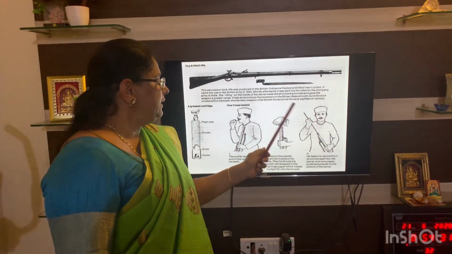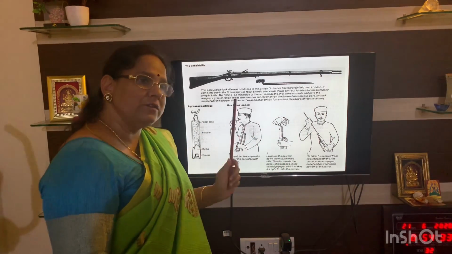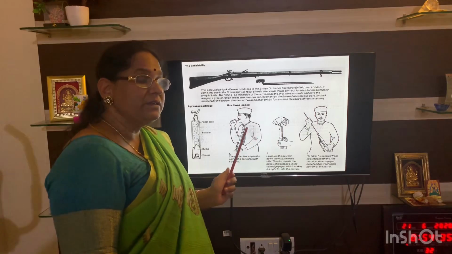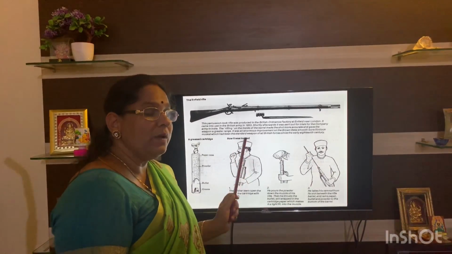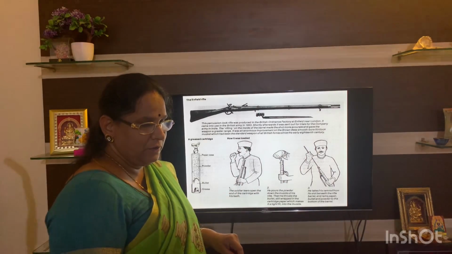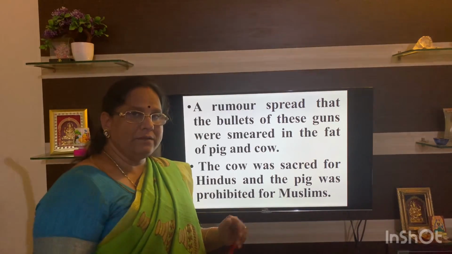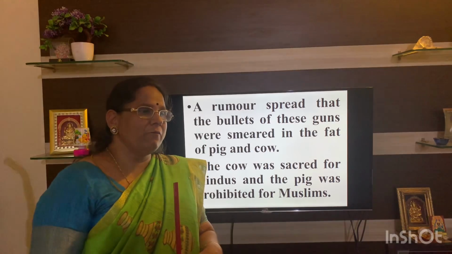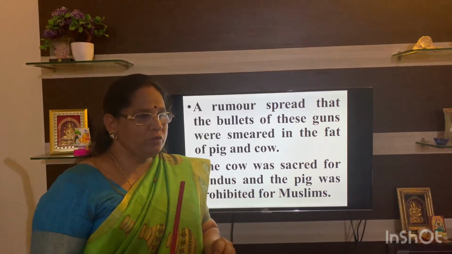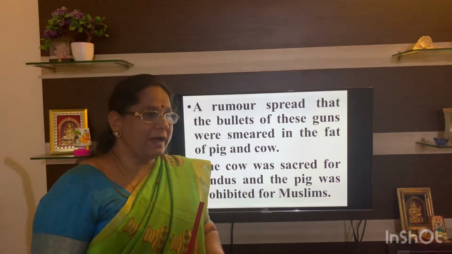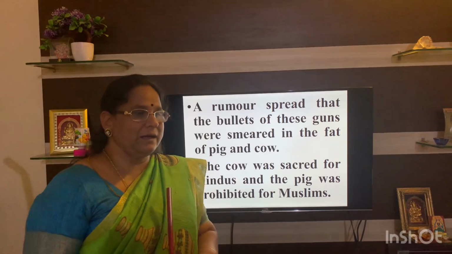In this, a bullet was used, and the bullet was smeared with the fats of cow and pig. Rumors started spreading from one place to another regarding the bullet smeared with fats of pig and cow.